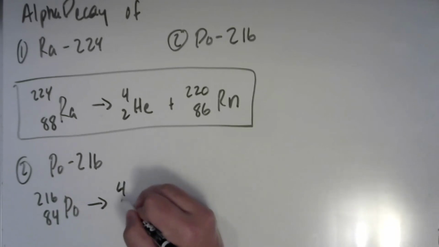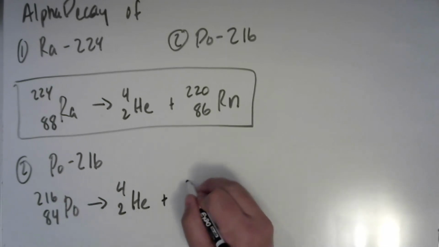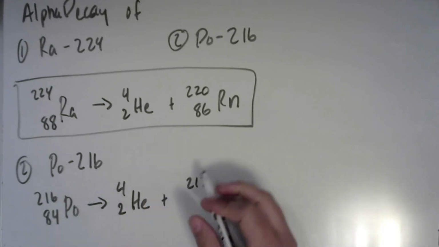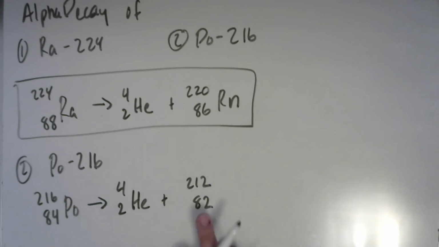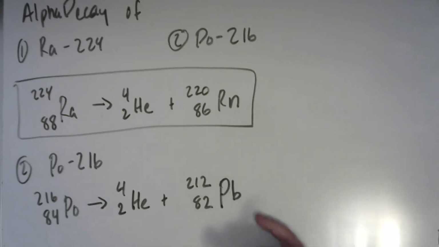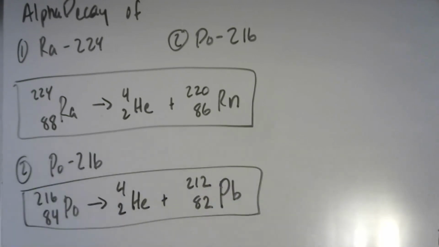I know it's going to undergo alpha decay, so I need to put my alpha particle there. 216 minus 4 is going to be 212. 84 minus 2 is going to be 82. If I look to see what element number 82 is on the periodic table, I see that it's lead. So there is my nuclear equation for this alpha decay.